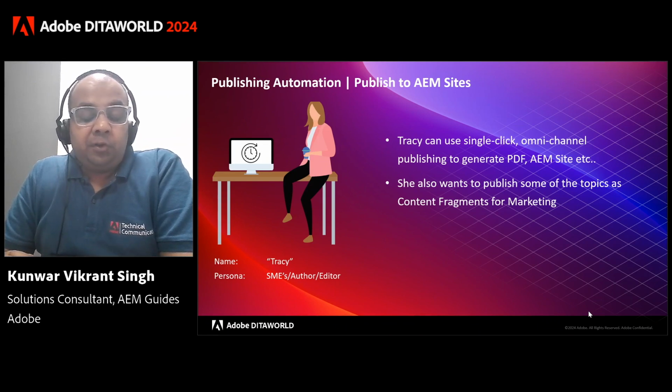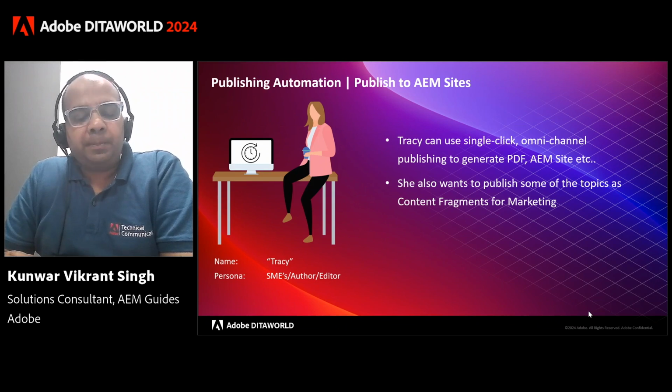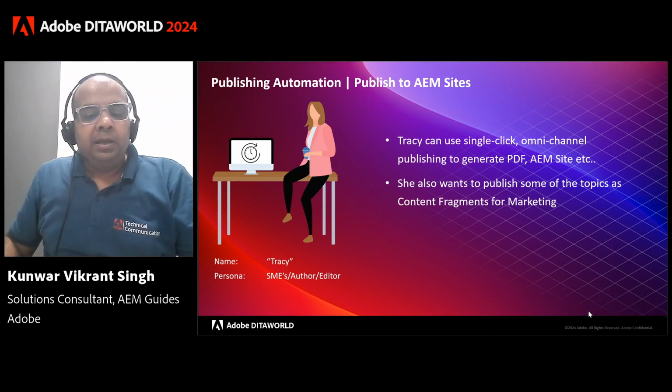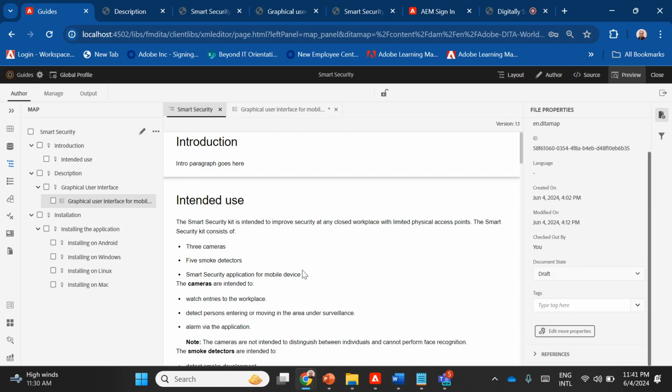Tracy would also like to publish some of these topics as a content fragment because she feels that maybe that could be a good candidate to be utilized on the web page. We are going to see how Tracy is going to utilize the system to publish these content fragments as well. With that, let me move on to the demonstration part.